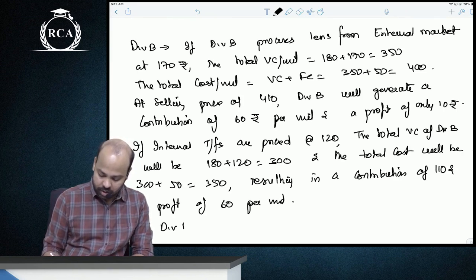Therefore, division B will accept a transfer price of 120.